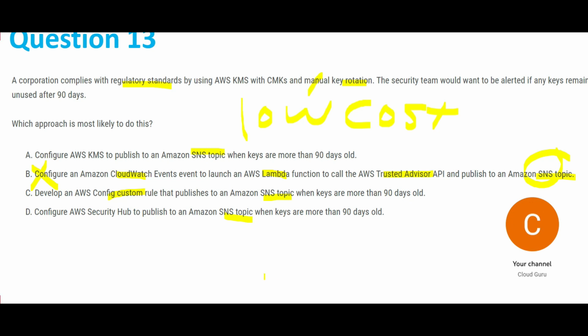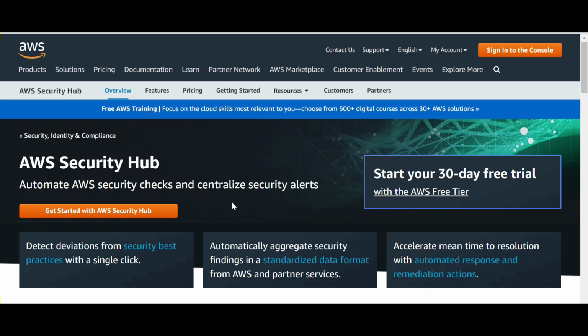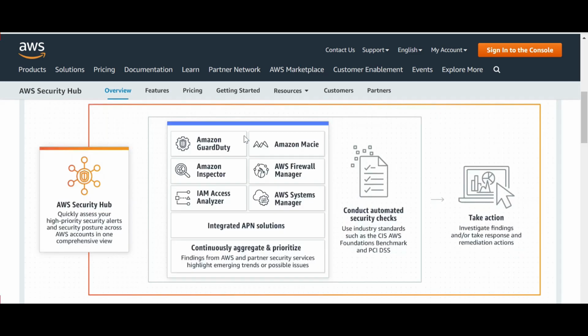See, D tells you to use Security Hub. Security Hub is for security checks. So if you see this, it uses these services. The primary purpose is, if you see Firewall Manager, it will not allow people from different regions or unsecured regions. Similarly, IAM Access Analyzer, it will look at the IAM user base and provide you access.